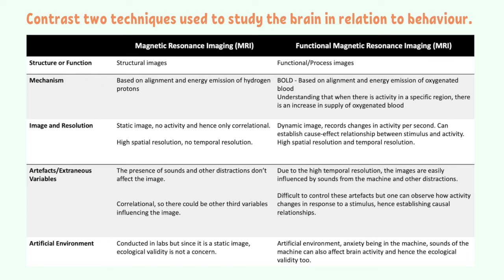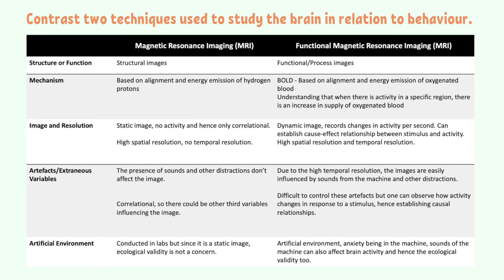The use of fMRIs does in fact compromise on the ecological validity, as whatever responses the participants are exhibiting and the consequent brain activity that is being recorded is all observed in an artificial environment.